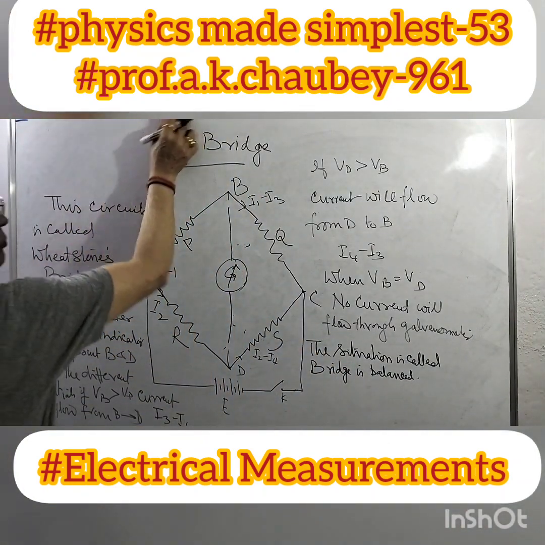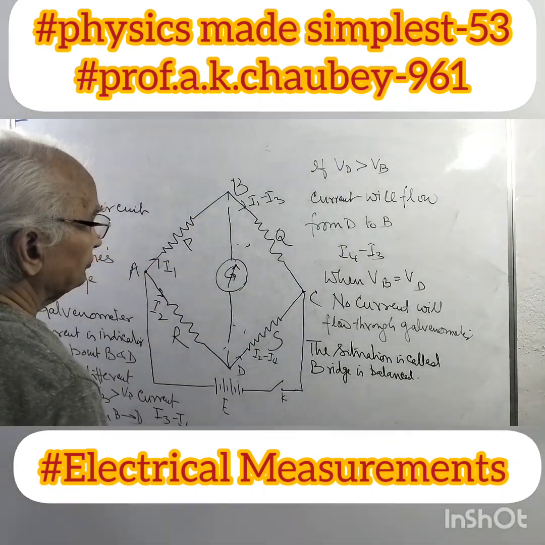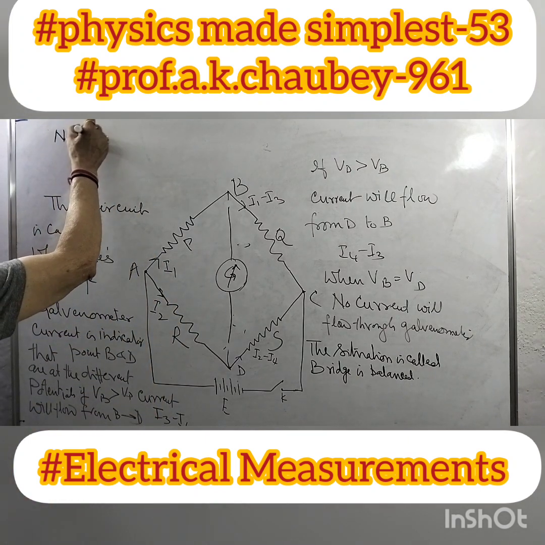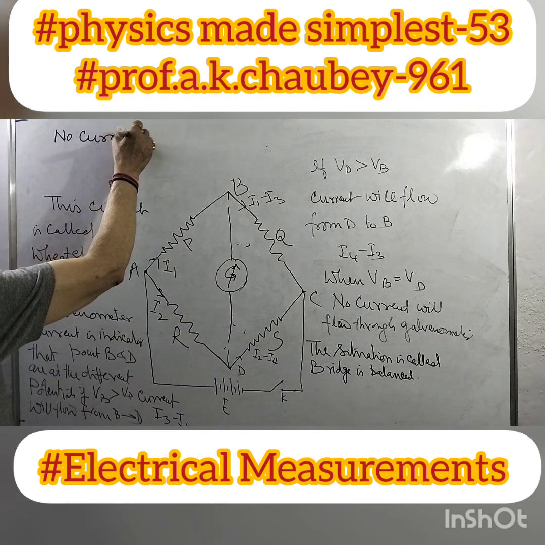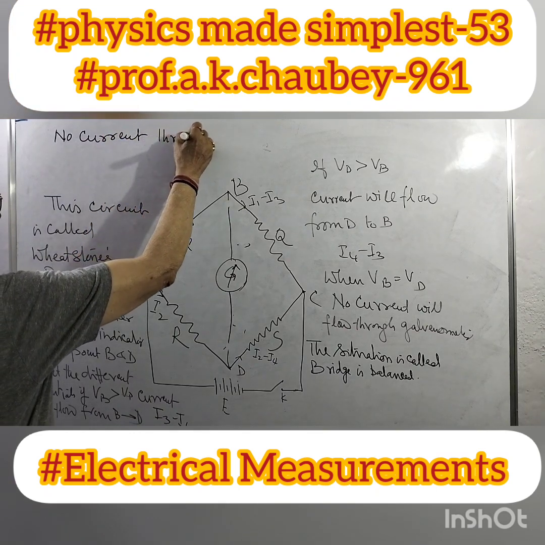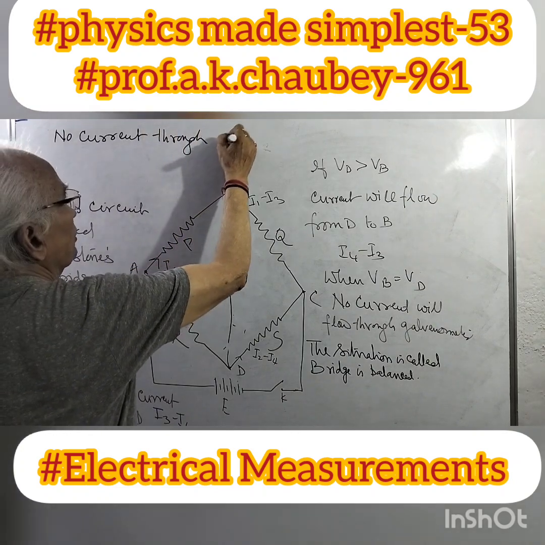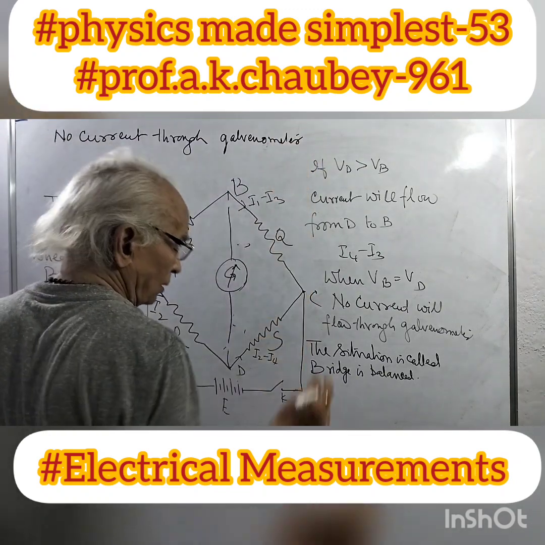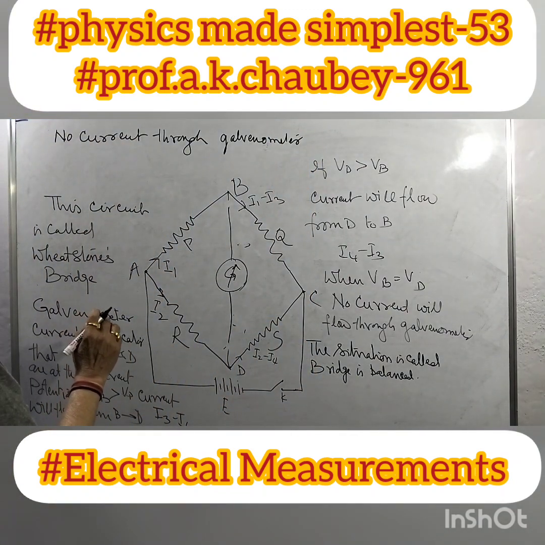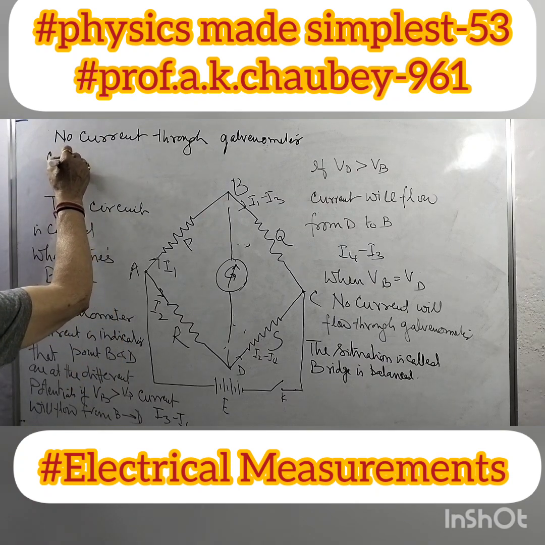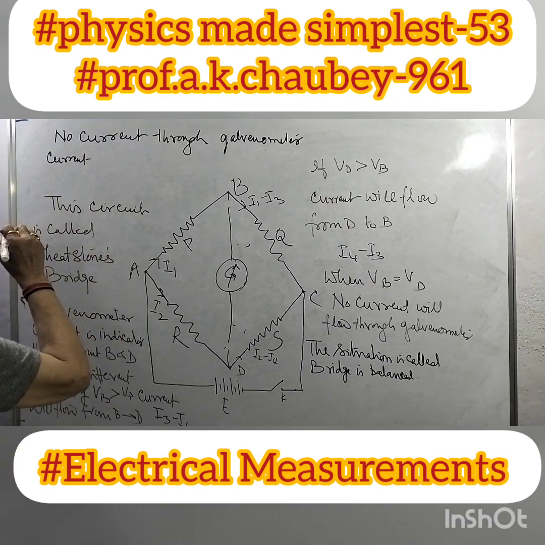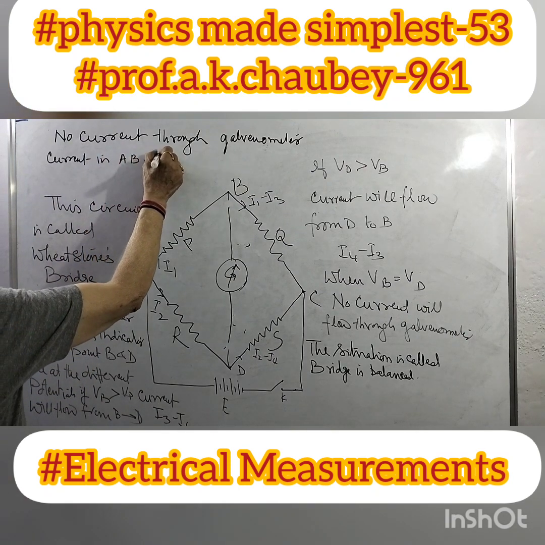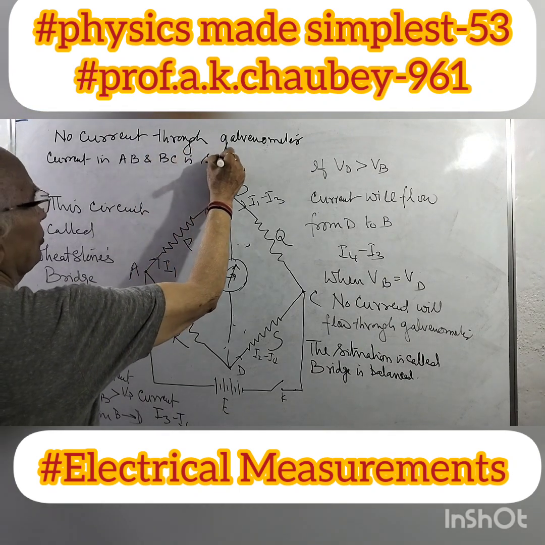No current to the galvanometer means balanced bridge. No current through galvanometer means current in AB and BC is the same.